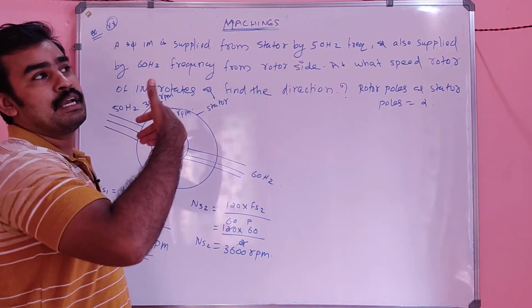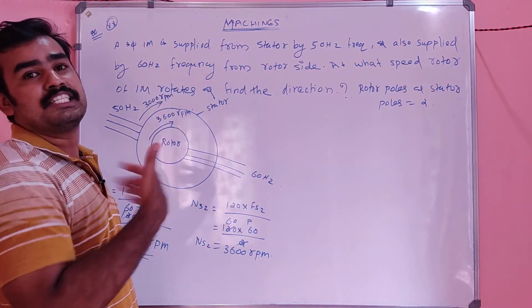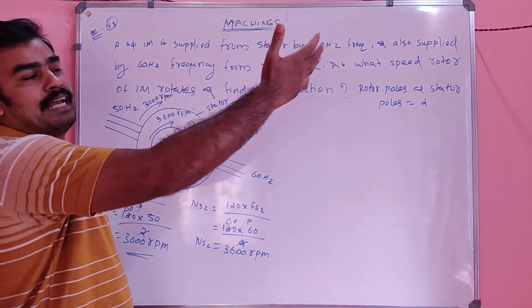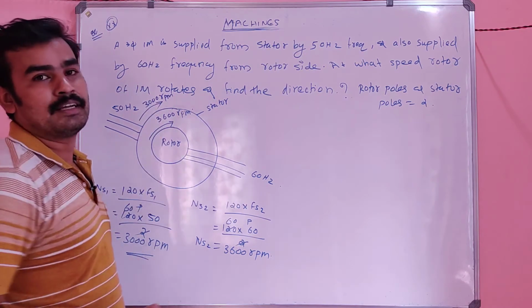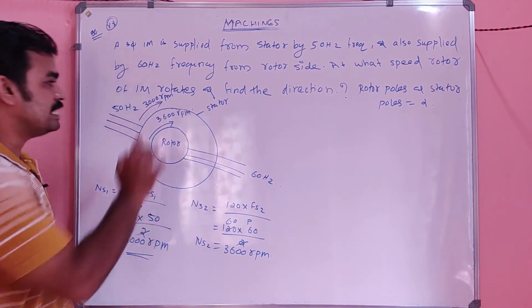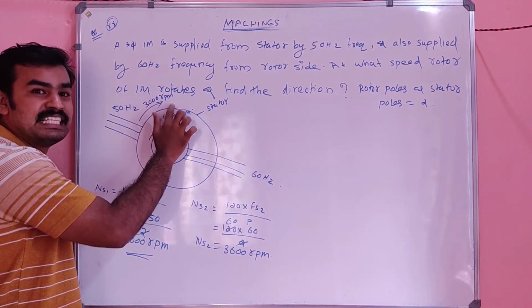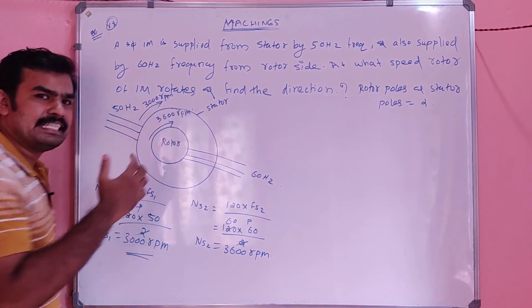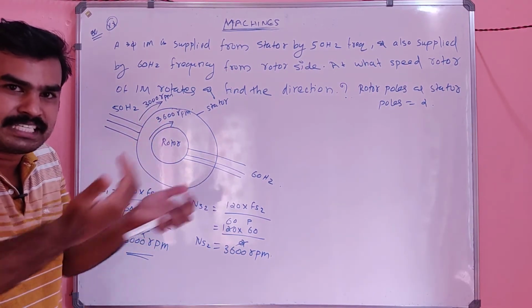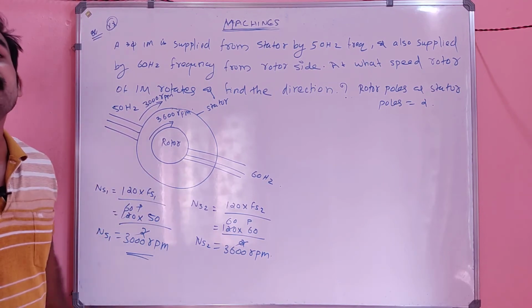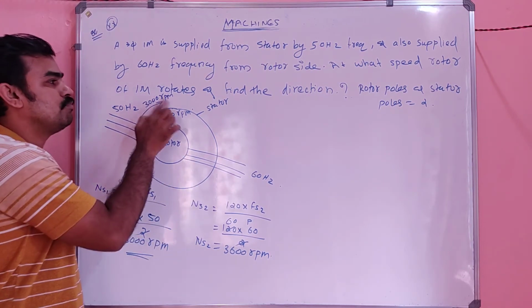The magnetic lines of force may cut the conductors in the stator. So there is a possibility of induced EMF in the what? Stator, my dear. There will be an induced EMF in the stator. That induced EMF is due to that extra 600 speed, right? That extra 600 speed is the reason for what? This flux linkage.